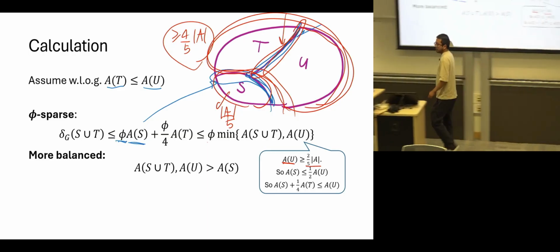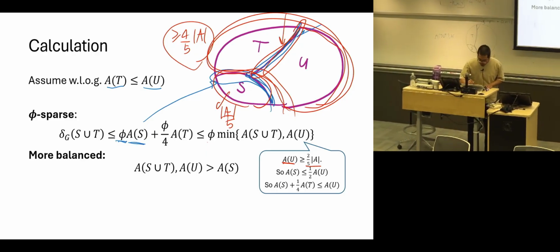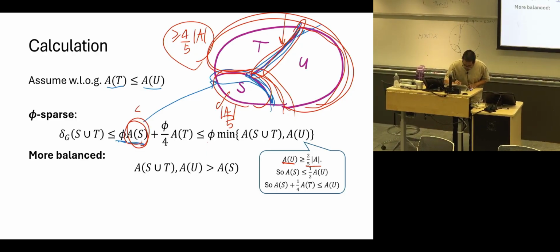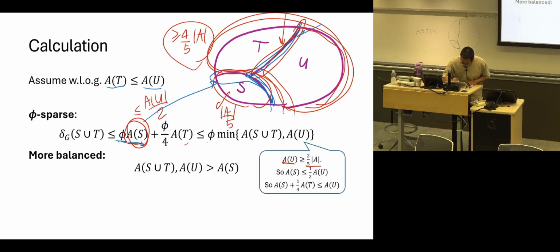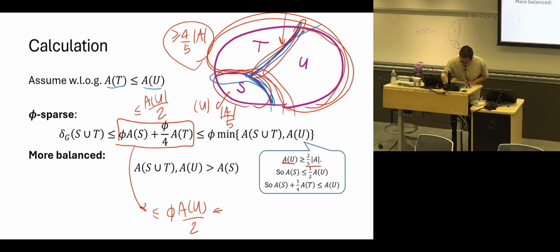But if that's the case, then this thing is less than AU over 2, and this thing is less than AU over 4. So together this is less than AU over 2 plus AU over 4, which is less than AU.